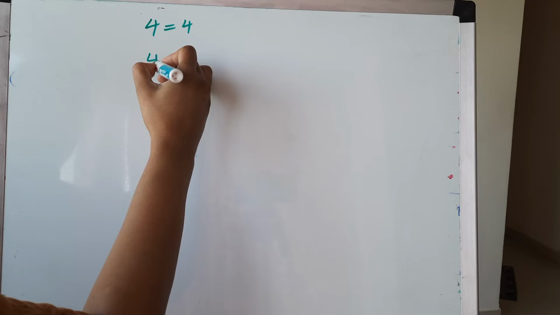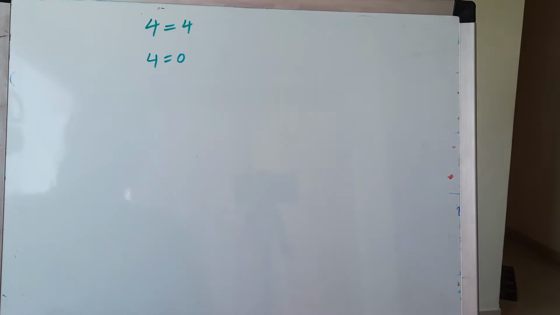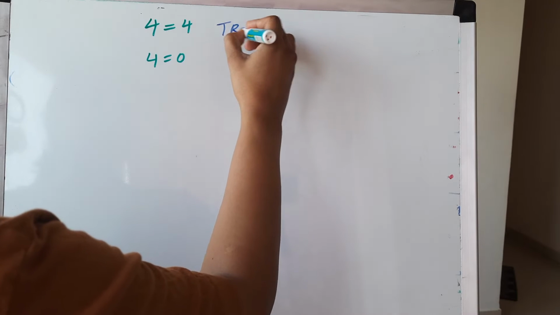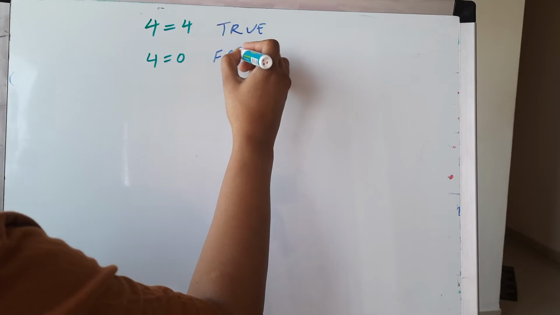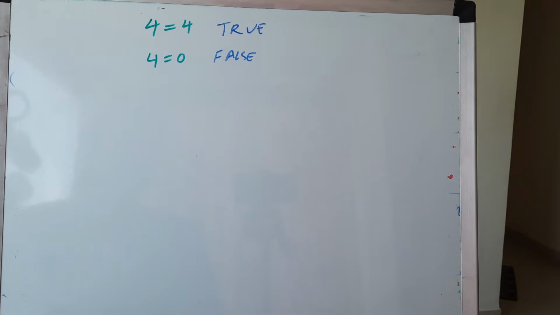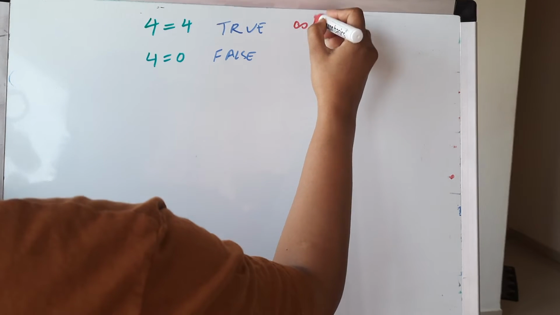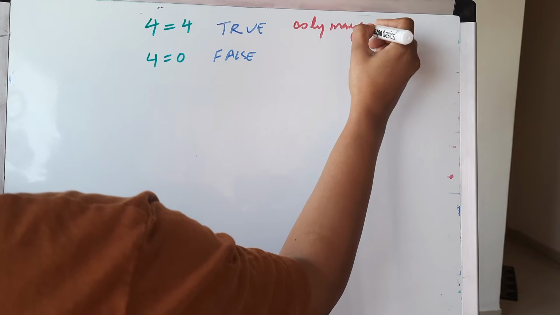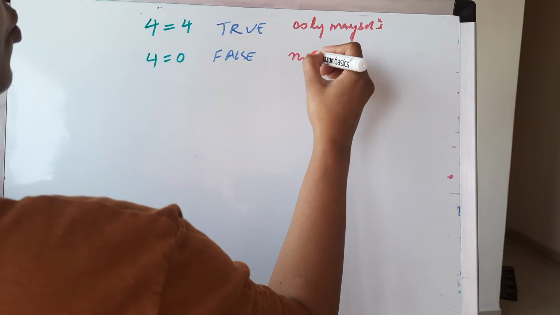So we get 4 equal to 4, or we could get something like 4 equal to 0, right? This statement is true and this is false. So in terms of the algebraic answer, this is infinitely many solutions and this is no solution.